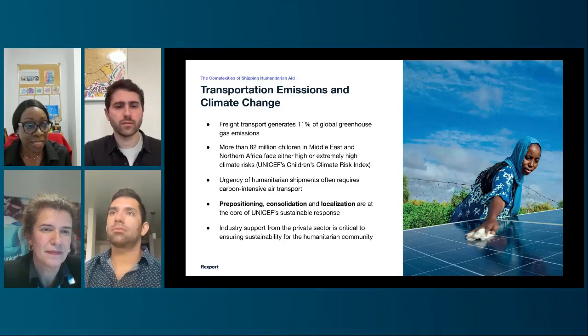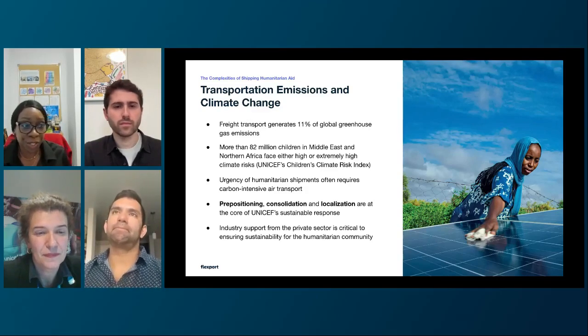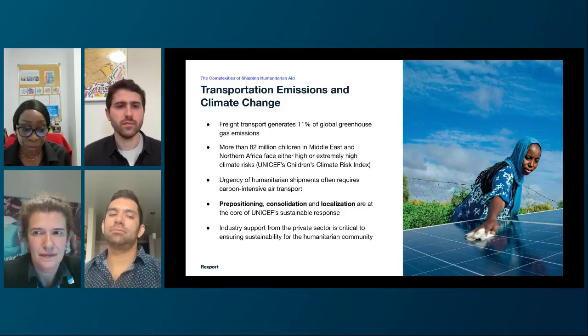So, as you have rightly highlighted, climate change is a cause for many of the disasters that we're dealing with. In MENA, we had the floods in Libya, just to name one example. And children are the most vulnerable. Children under the age of 5 shoulder 90% of the global disease burden.